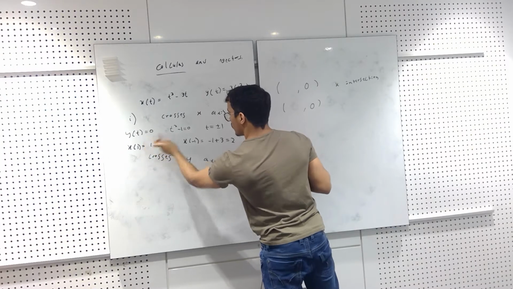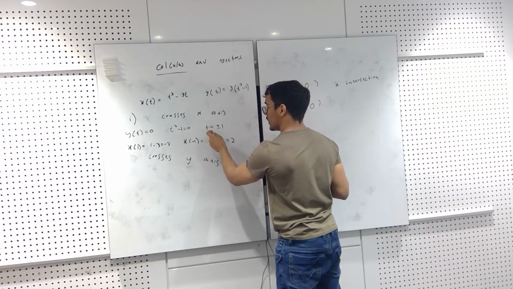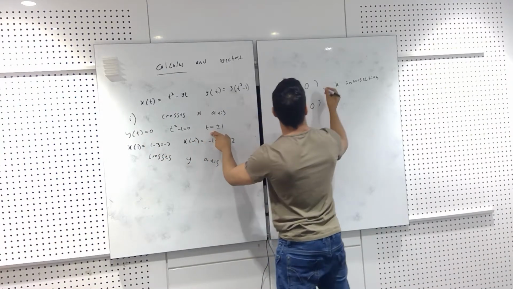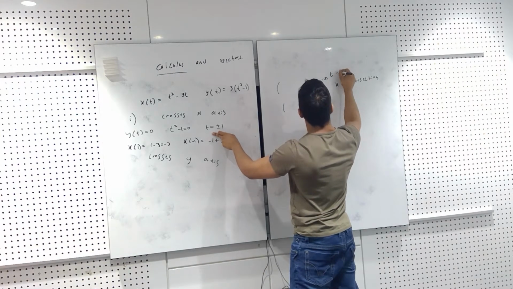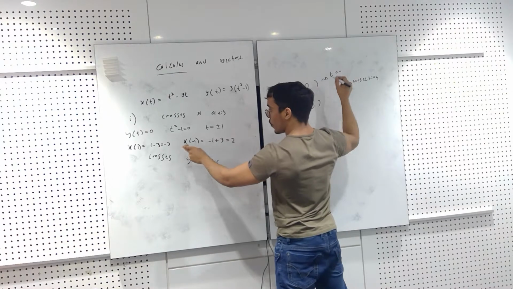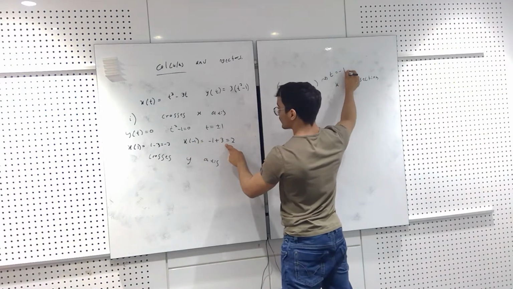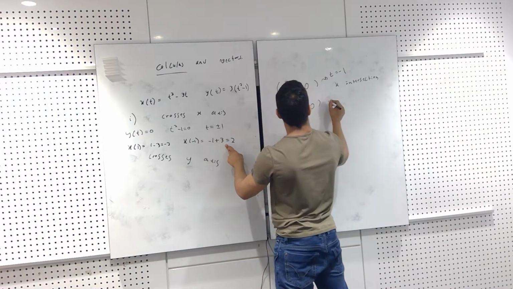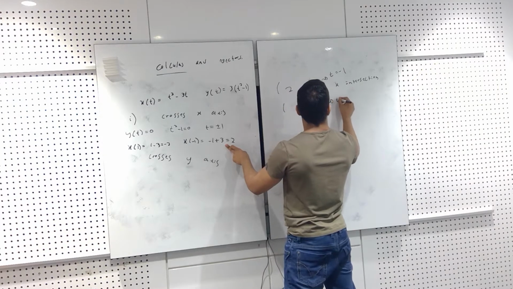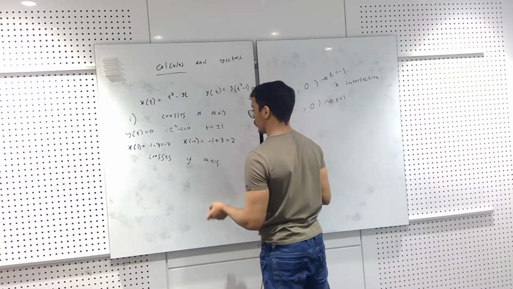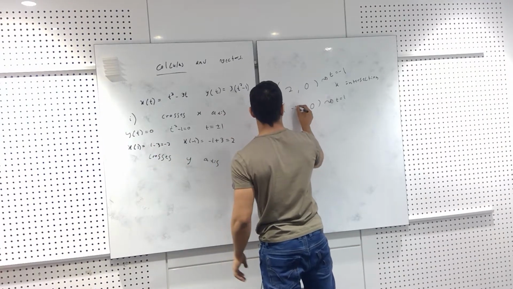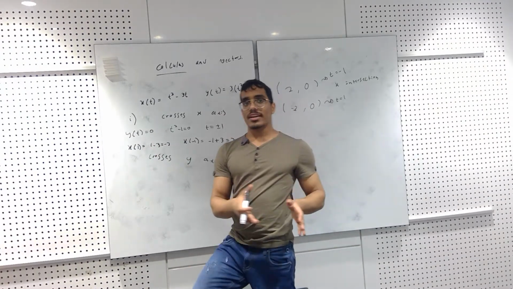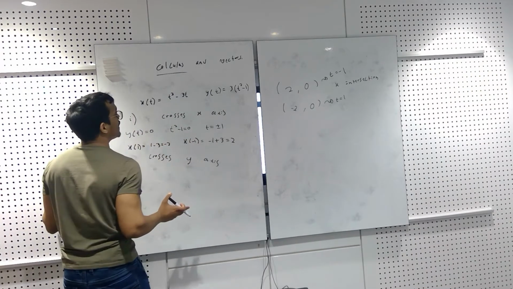Because it's a parameter, it's always good to write this at t equal to negative 1, you will have 2. At t equal to 1, you have negative 2.